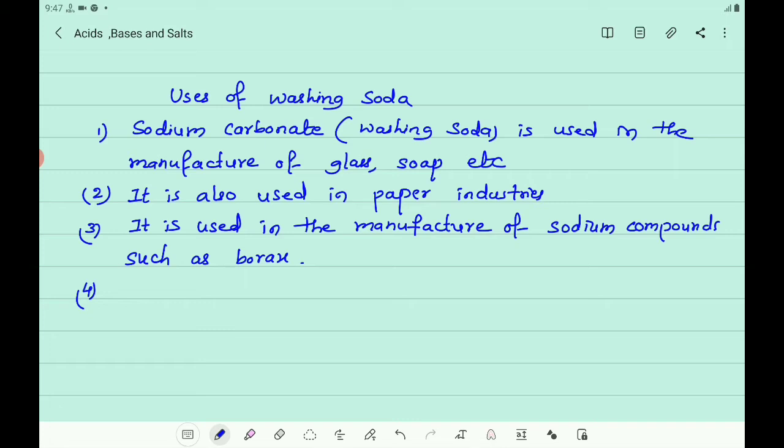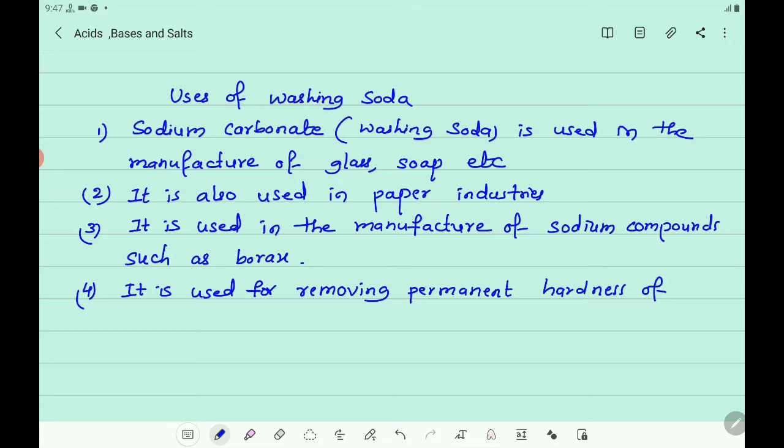And to remove the permanent hardness of water, you can use washing soda. So you write that it is used for removing permanent hardness of water.